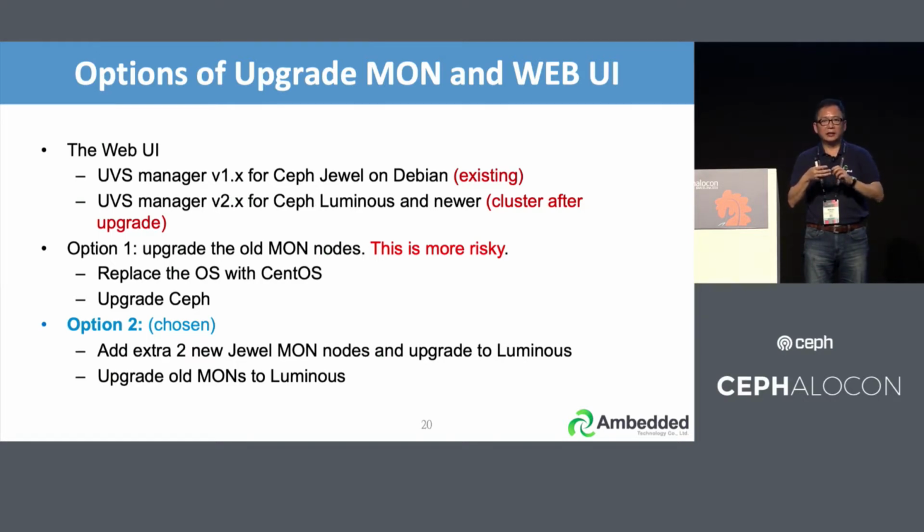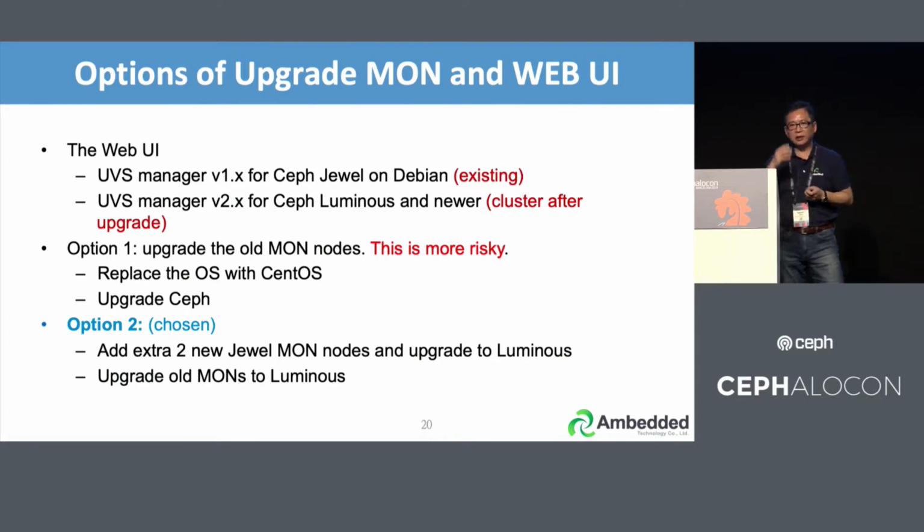So we decided to use another strategy, which is to add another 2 new nodes, which are on 64 bits, but in the Jewel version before upgrading to Luminous. After we add these 2 new monitors on Jewel, we can kill those old nodes and migrate them to the newer version.